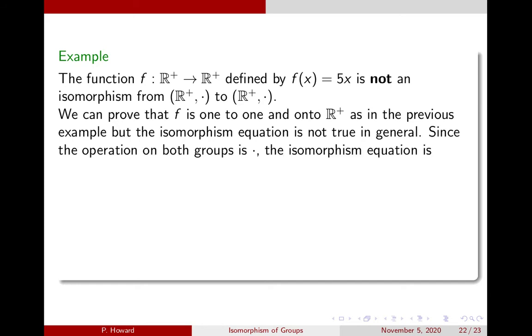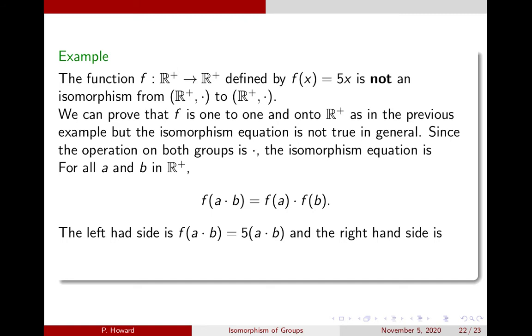So the operation in both groups is multiplication. So the isomorphism equation in this case would be for all positive real numbers a and b, f of a times b is f of a times f of b. If we make an attempt to simplify both sides of the equation, the left-hand side, f of a times b, is according to the definition of f 5 times a times b.